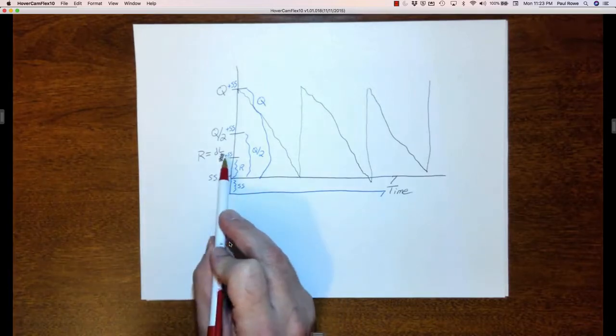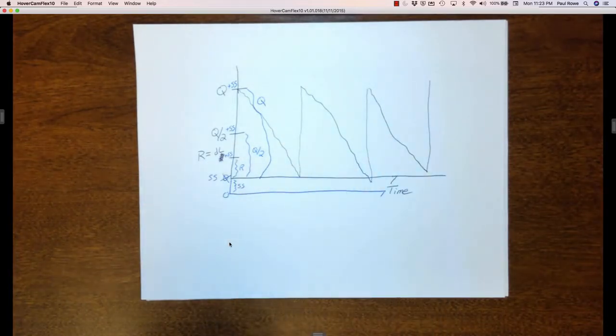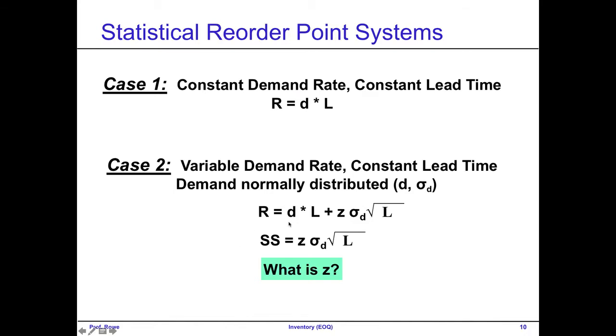So what we calculated here graphically and intuitively is what we're seeing here in our formula. Again, the standard deviation of demand: when we're looking at a normal distribution, we'll have our expected demand and then our standard deviation, or the variability that we're going to be analyzing. And then we have our lead time.